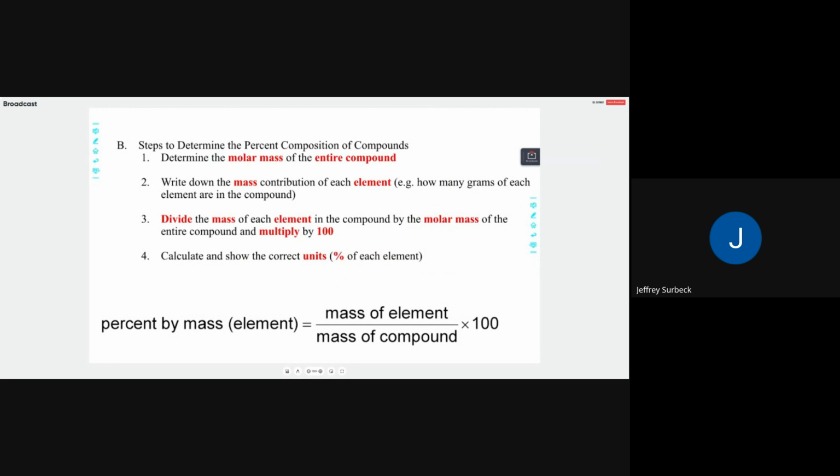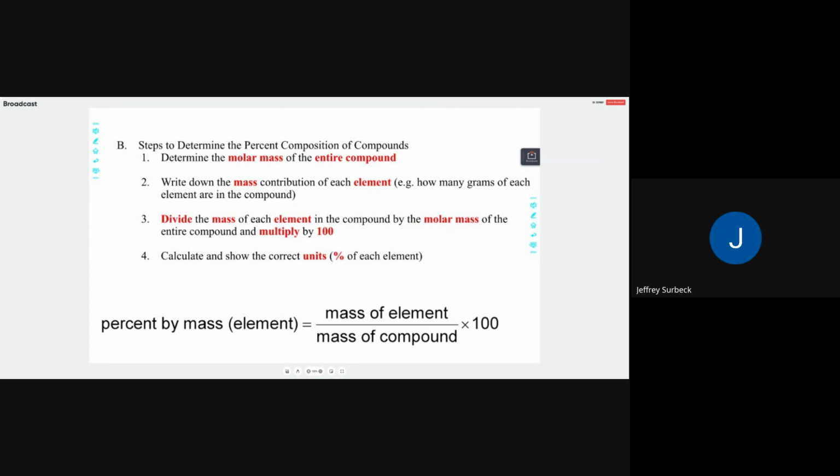Usually on these problems, I'm going to specify the mass percent of one specific element. In this example, just to show you more, we're going to find the mass percent for every single element. Questions?